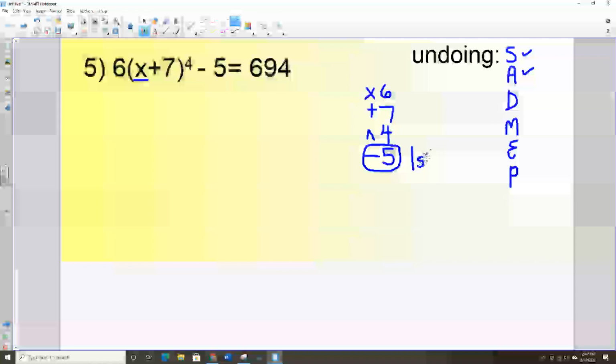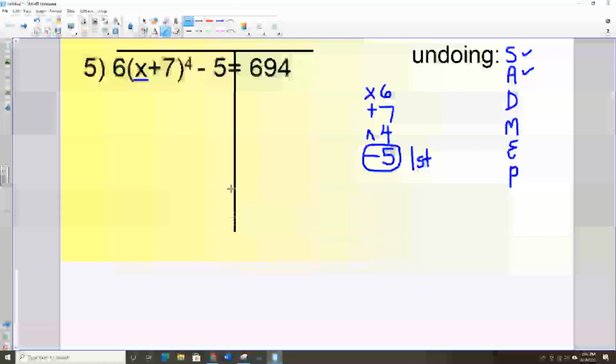How do you undo a minus 5? Well, hopefully you said that you add 5. So we're going to add 5 to both sides, because whatever you do to one side, you do to the other. I can't possibly be the only math teacher that's ever said that to you. All right. All of this is going to stay the same.